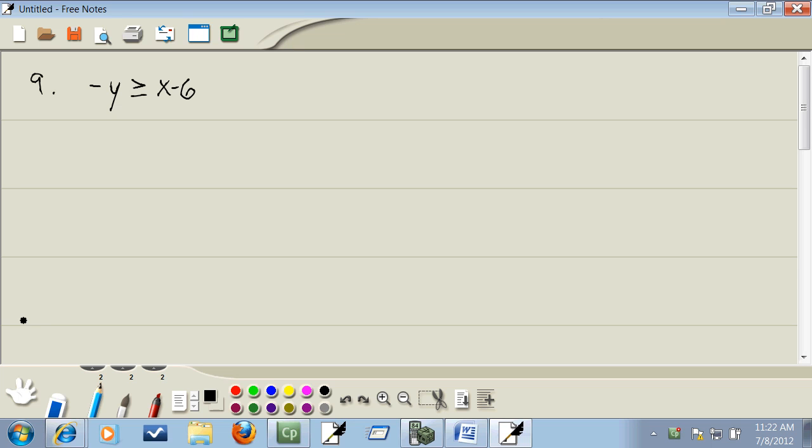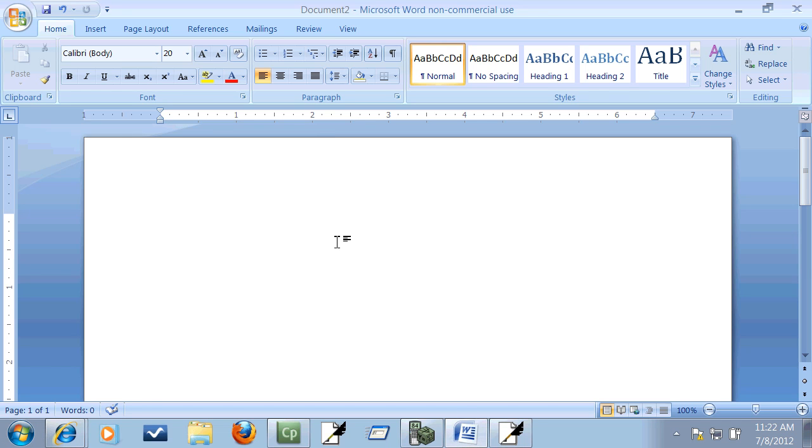Now let's review our steps a little bit. Graphing a linear inequality in two variables.